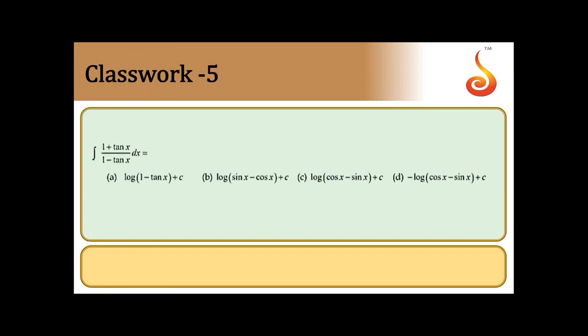Coming to the next one, integral 1 plus tan x by 1 minus tan x dx. 1 plus tan x by 1 minus tan x becomes cos x plus sin x divided by cos x minus sin x into dx.